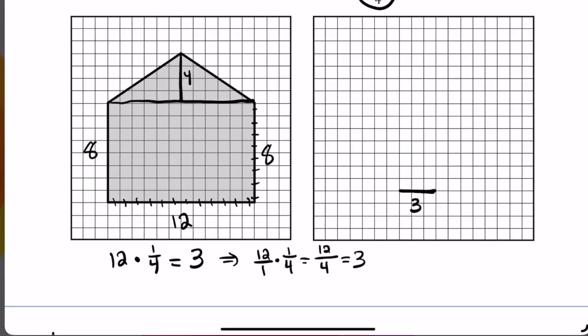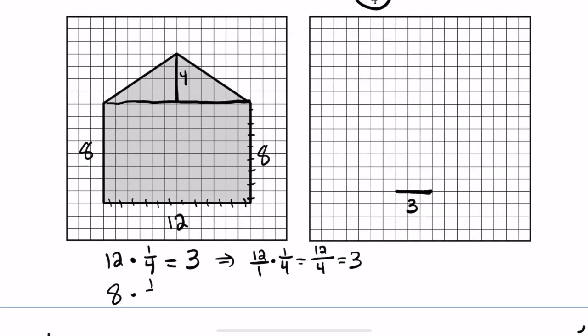Then I have my height of 8, so I'll do 8 times a fourth, and that's going to be equal to 2. And then my height of the triangle top is originally 4, so we do 4 times a fourth, and that is equal to 1. So I'm just trying to go 1 unit up, and this is symmetric.